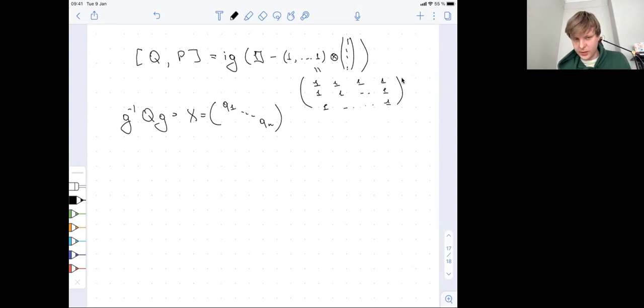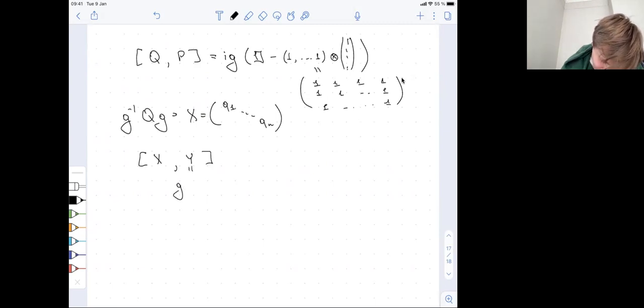I don't want to consider any non-semi-simple case here. Then here I will have some X, and here some Y, which is just a conjugation of P by the same matrix, G minus 1 P G.